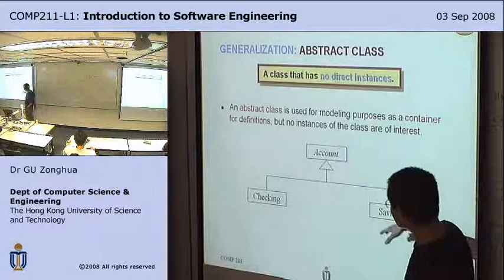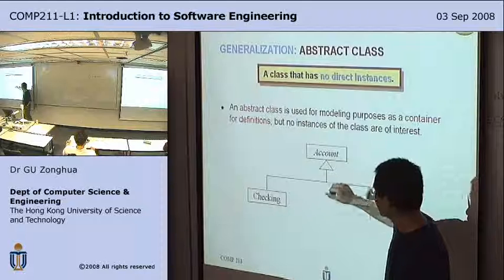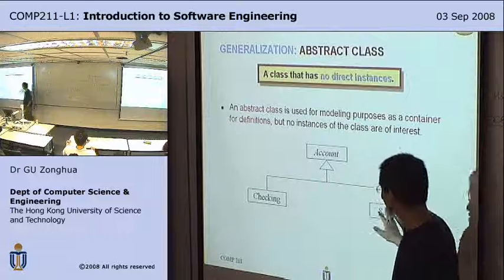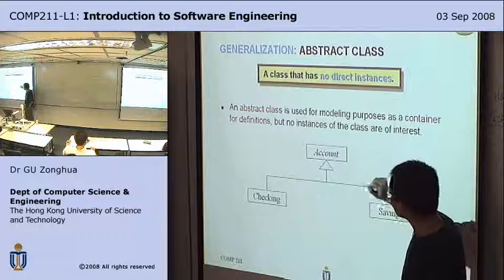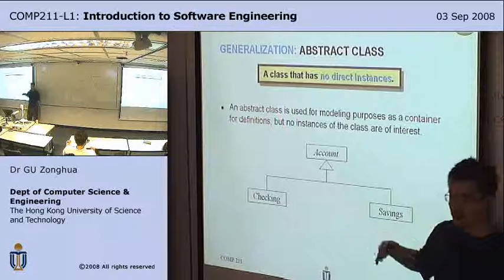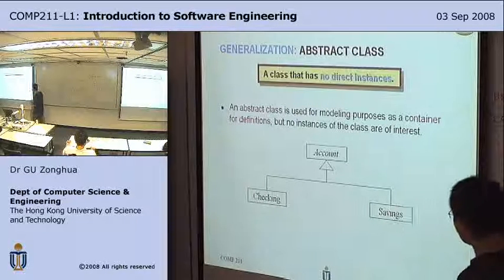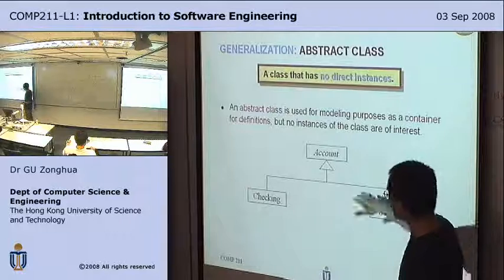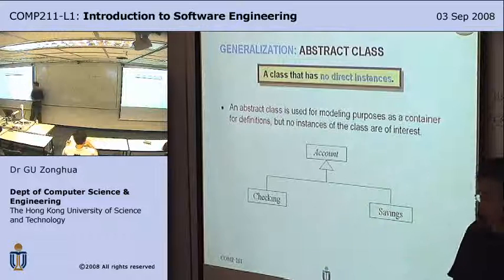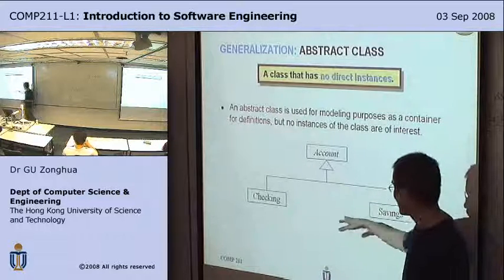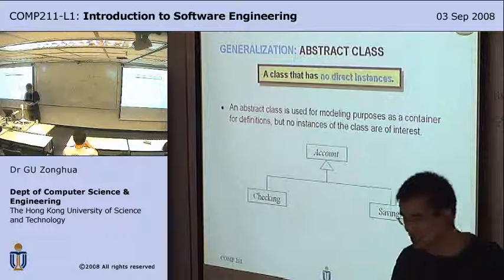Therefore, it doesn't make sense to have the account object that is not checking or savings. Therefore, account can be modeled as an abstract class. You never directly create account object instances. You always create only checking account or savings account instances.